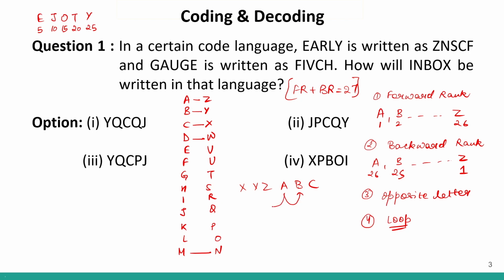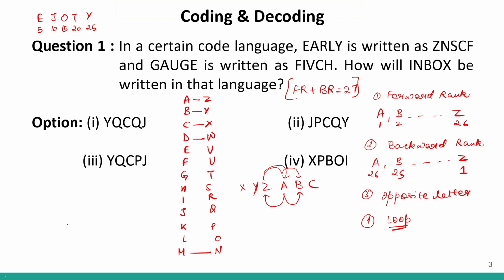So we move back again from Z. That means after Z, if I have to move one position forward, since there is no letter after Z, I will start back again from A. Similarly, if I have to move two positions forward, I will get B. So basically, the alphabets are in a loop. This is the concept of looping. Based on all these concepts, we solve questions on coding and decoding.